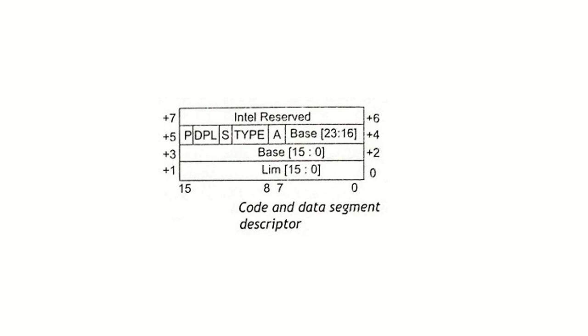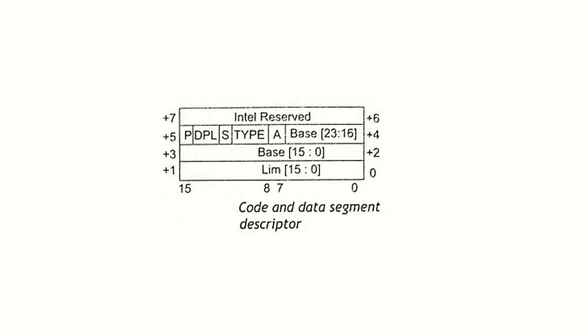So the code and data descriptors, as you can see, are a total of 8 bytes. The first 2 bytes are the limit. The limit is 16-bit. That means it is now verifying the size of the segment you are fetching.